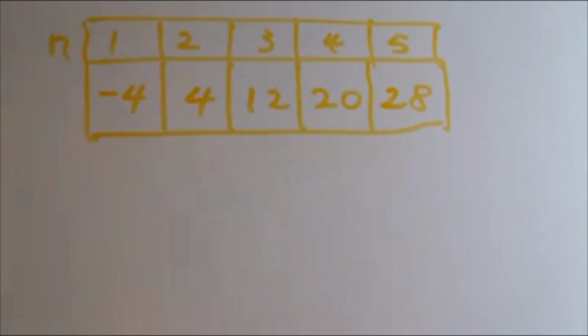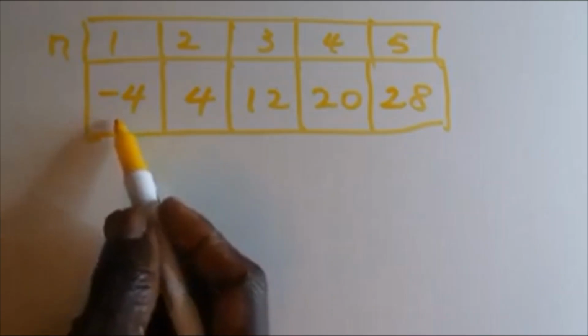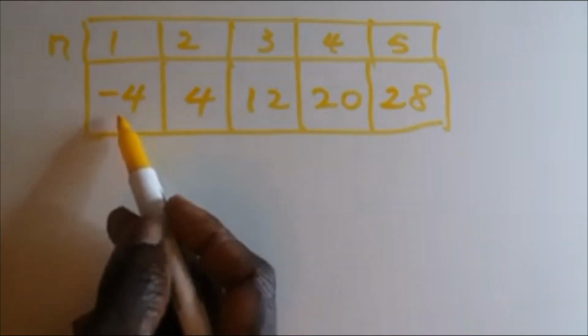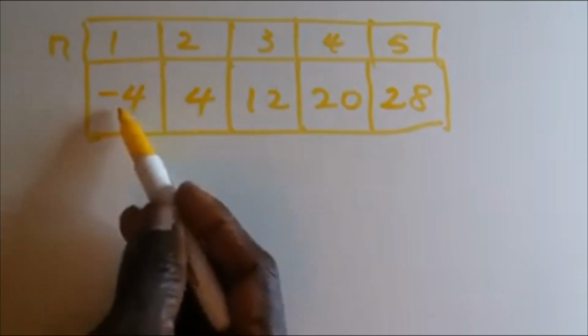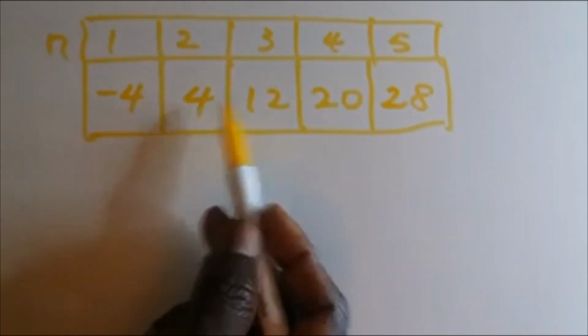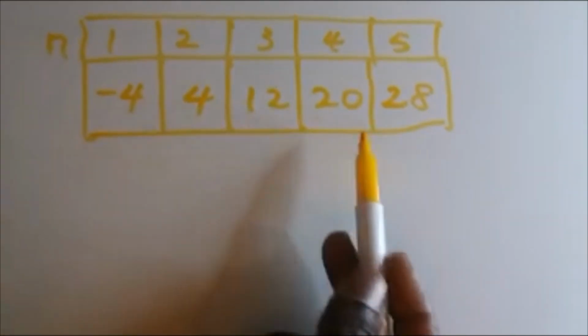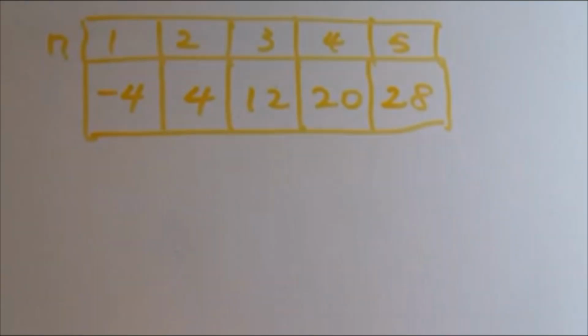Now, when you look across at the terms, you can see a difference of 8. So from -4 to 4 is 8, from 4 to 12 is 8, and so on. So with that, it must have an influence on your nth term.